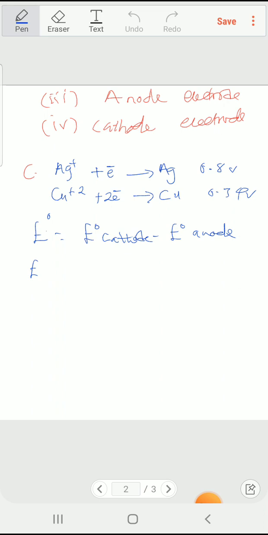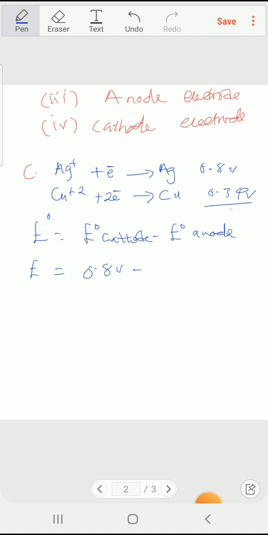So I'm going to say the one on the cathode is 0.8, because this is the reduction, it has the higher reduction cell potential in these questions.